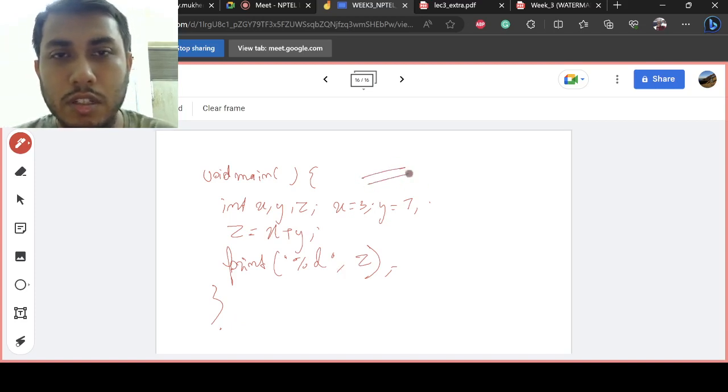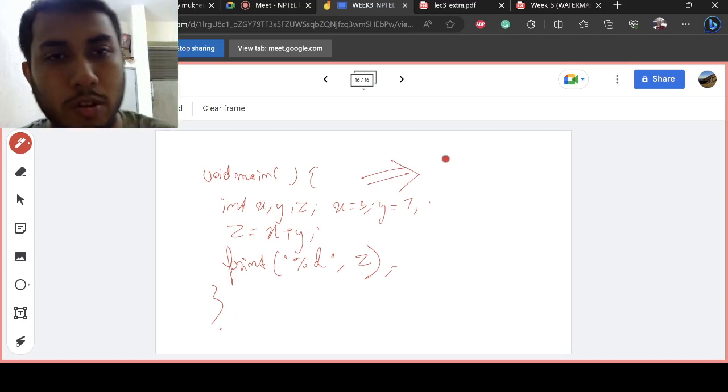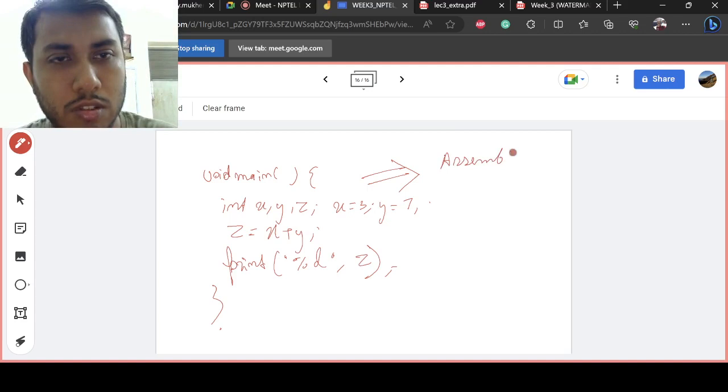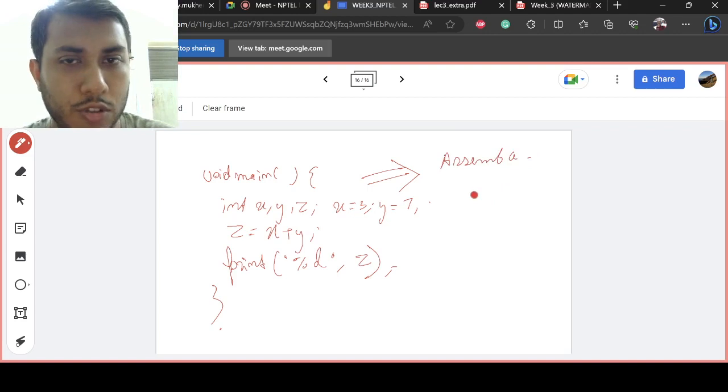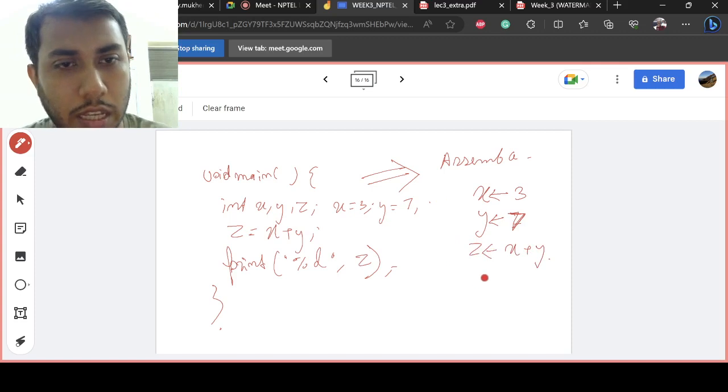This part is converted into assembly code, as any programming code is. In assembly code it will be like this: x value is 3, y value is 7, z value is x plus y, and then the print.